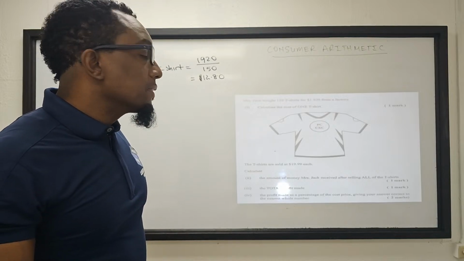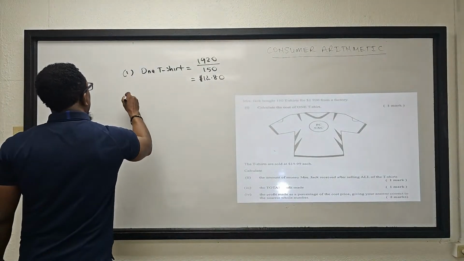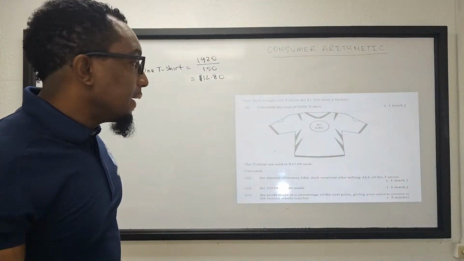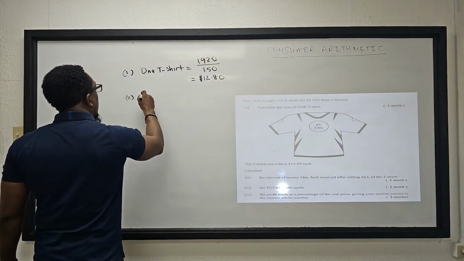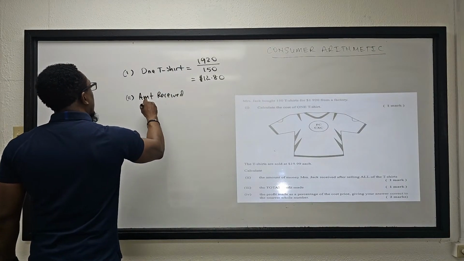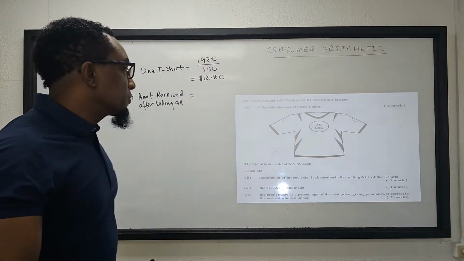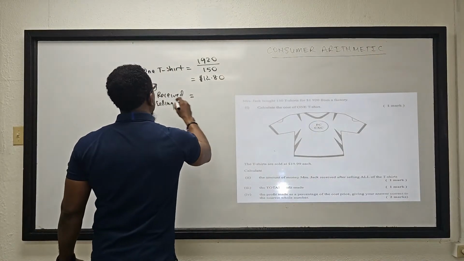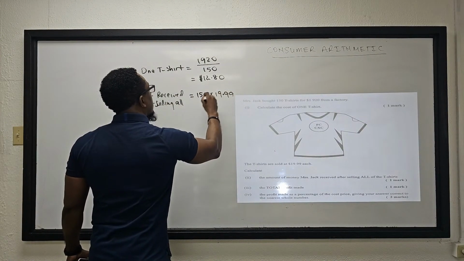So the selling price, the amount received after selling all, will be to simply multiply 150 by $19.99.